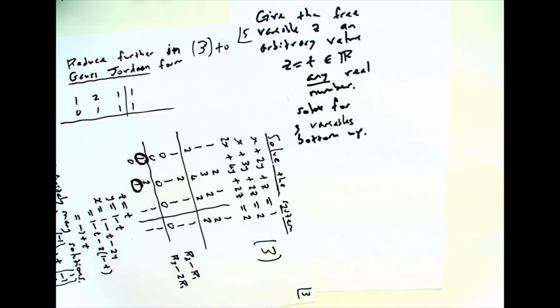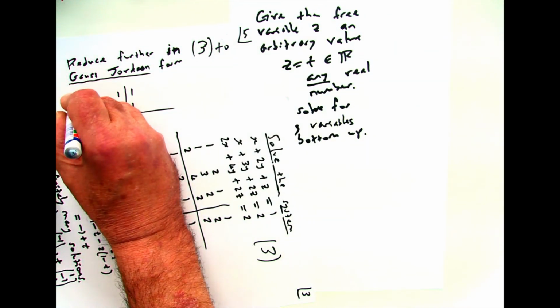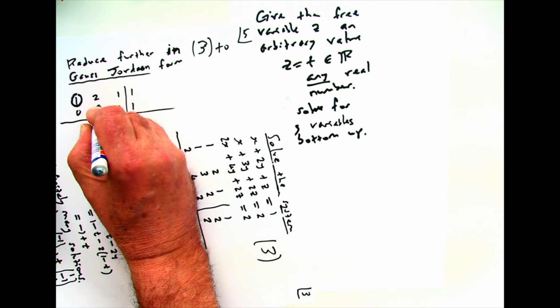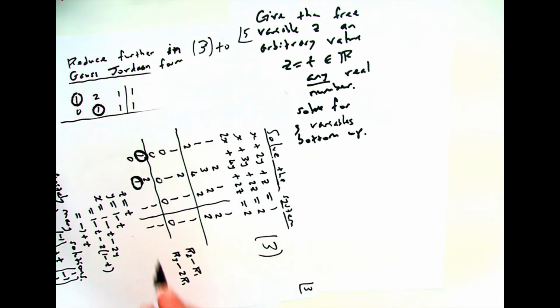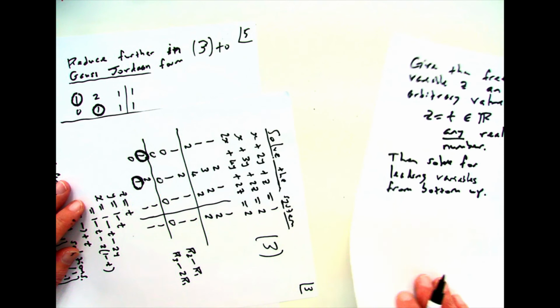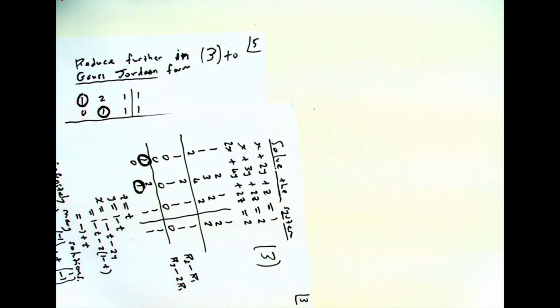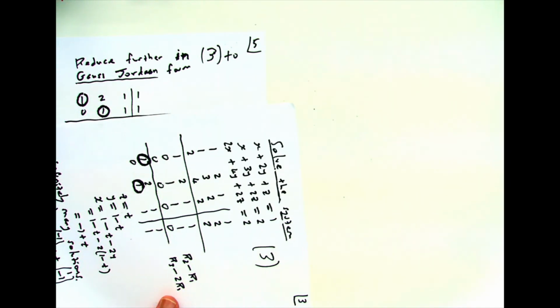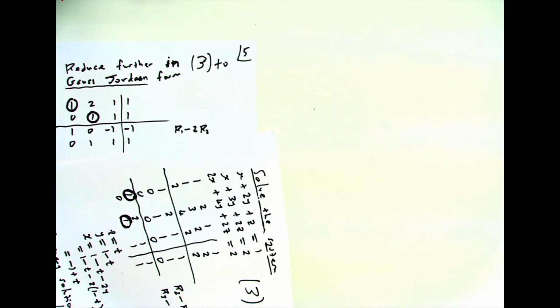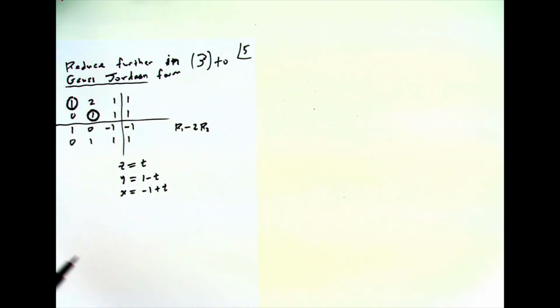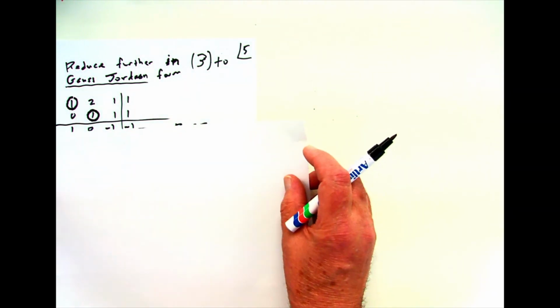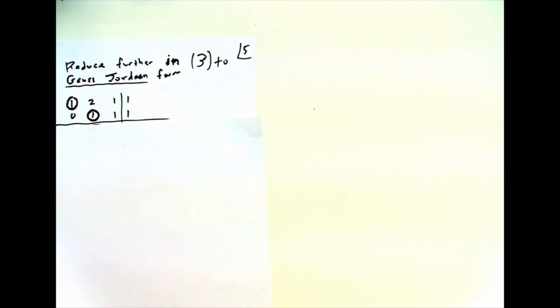If you look at the leading entries, in Gauss-Jordan form, let me just explain what the Gauss-Jordan form is.